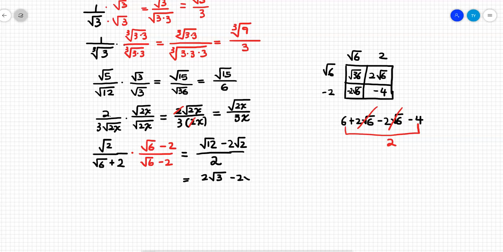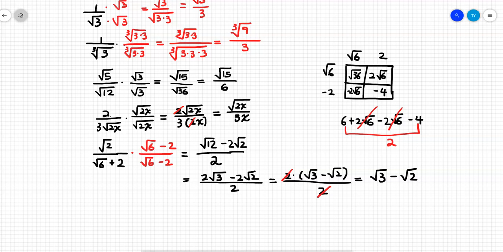Then minus 2 square root of 2, divided by 2. In the numerator, you can take out the common factor of 2. Then you've got square root of 3 minus square root of 2, divided by 2. Then you can cancel out the 2. So your final answer is square root of 3 minus square root of 2.